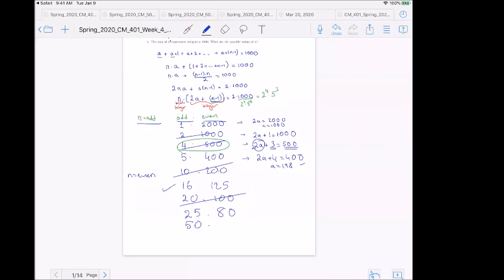If you do 50, it is going to be 40 here, and you know that this is not going to work, okay? I hope that makes sense. So the ones that work are when n is 1, when n is 5, when n is 16, and then 25.